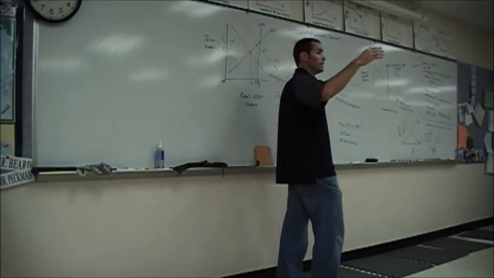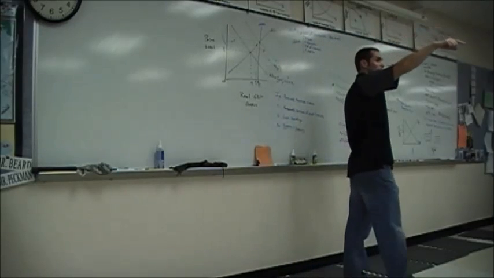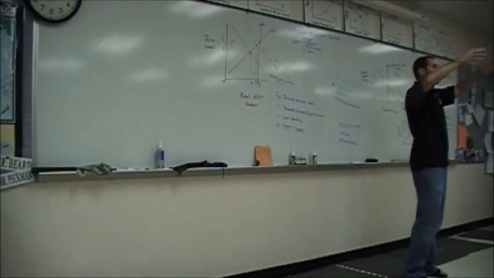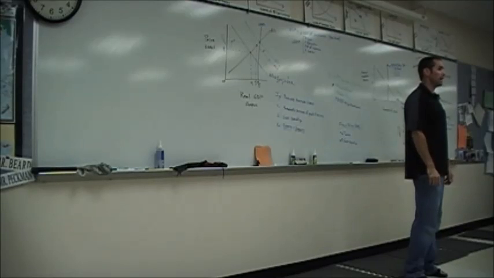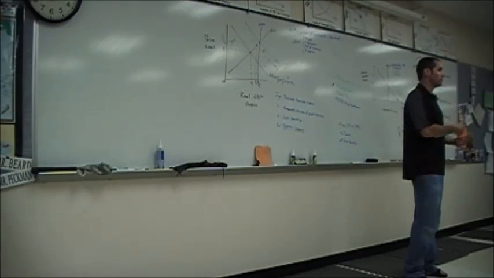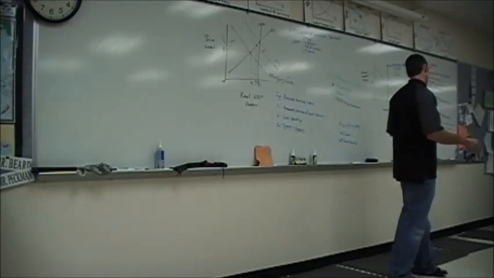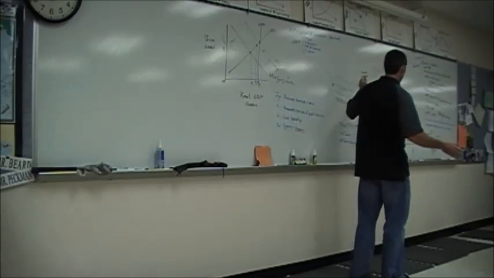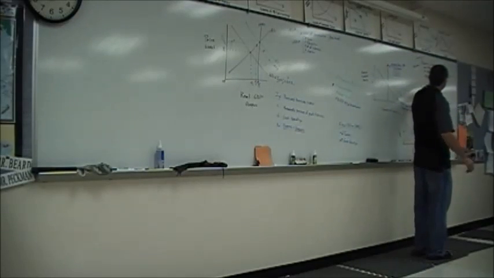Remember, this is the whole idea of the Keynesian view. They believe that I sub G is unstable. We can't force businesses to increase gross investment, but we can inject government spending out there.